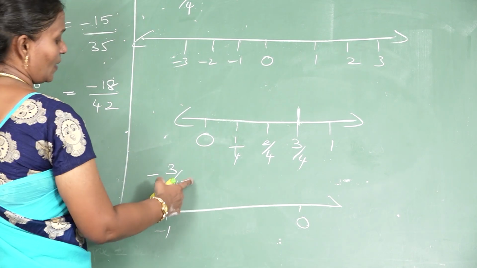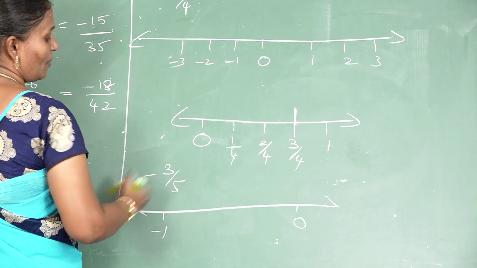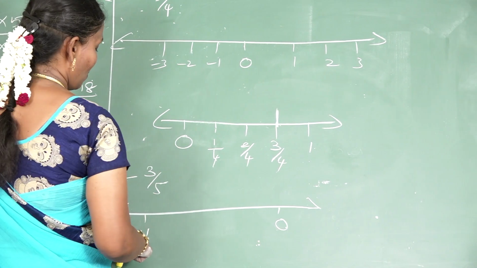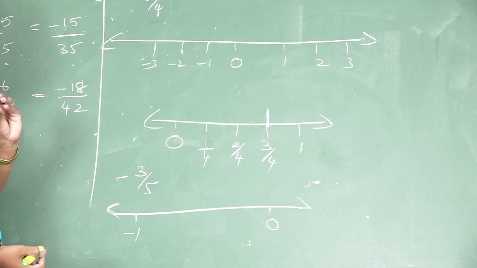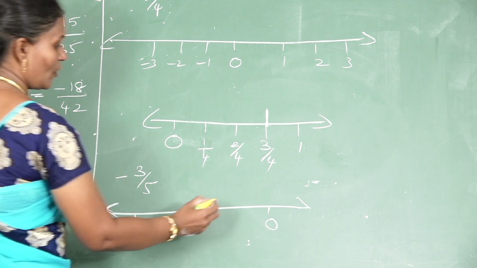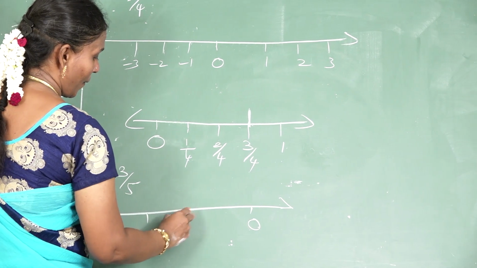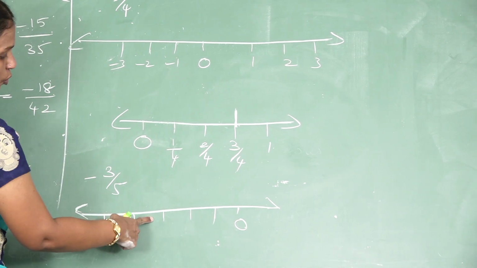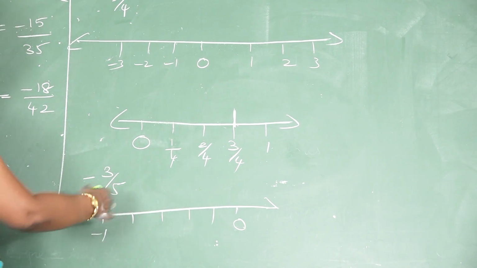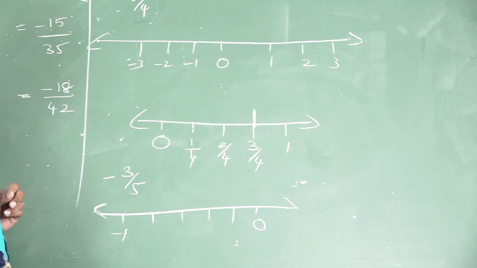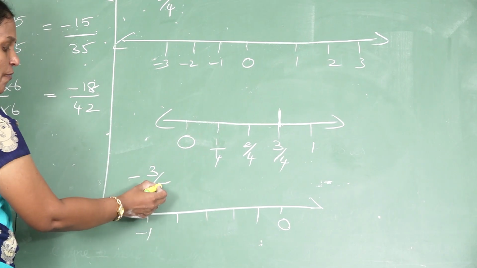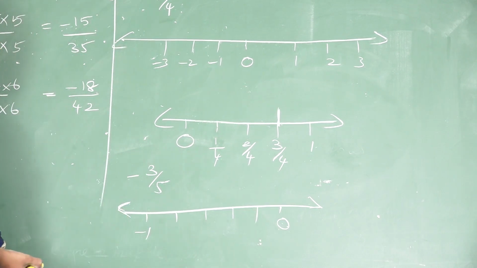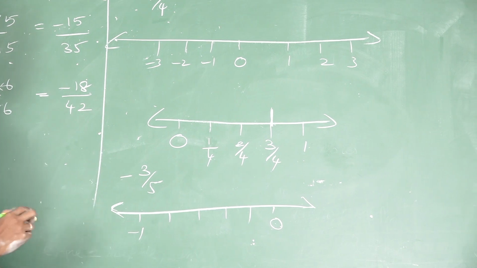Okay. In between, see the denominator. So the denominator is 5. So you have to split in between minus 1 and 0 into 5 equal parts. Okay. So how do you split now? See 1, 2, 3, 4, 5. 5 equal parts. Okay. You understand? See, denominator is 5. So, you have to split in between 0 and minus 1, 5 equal parts. Okay.